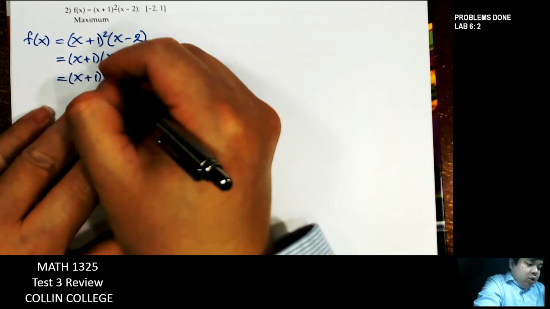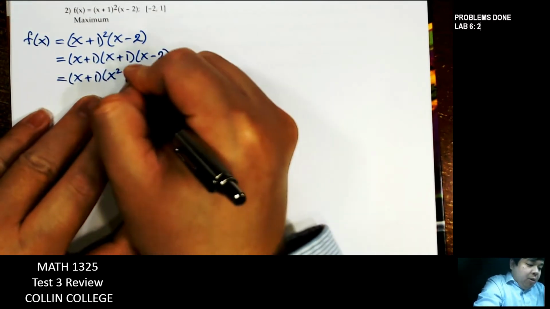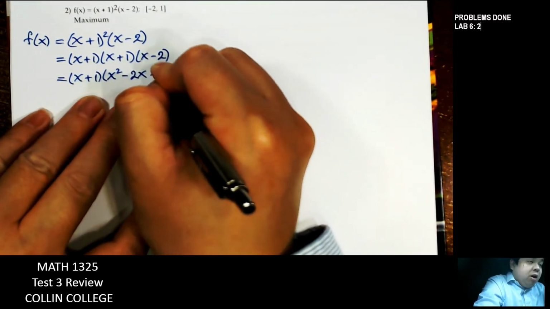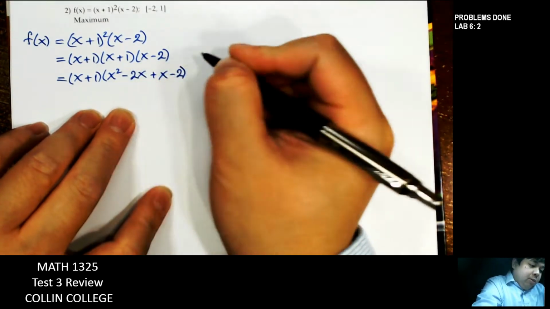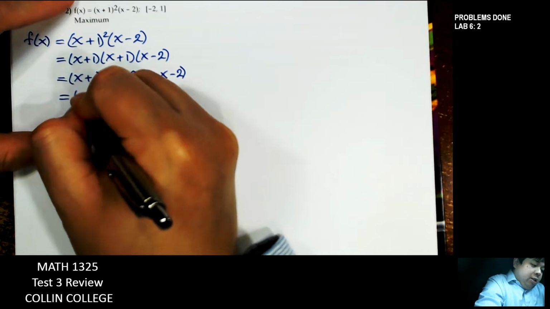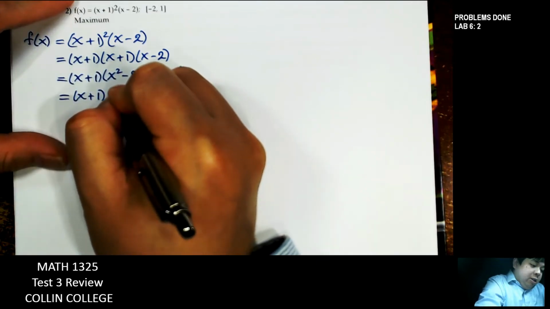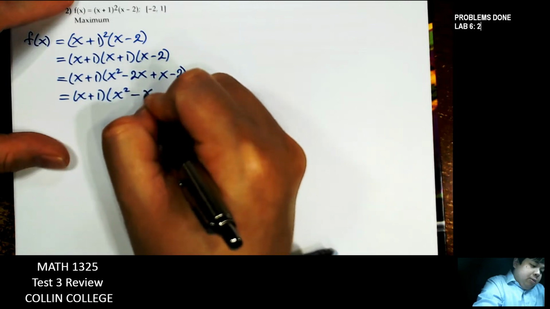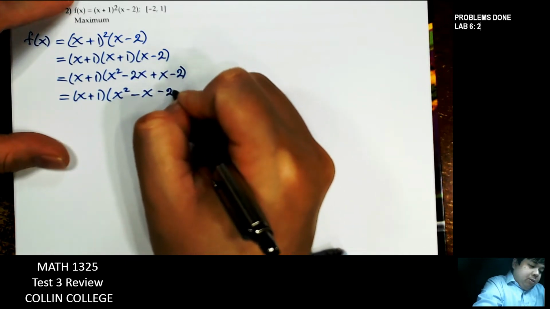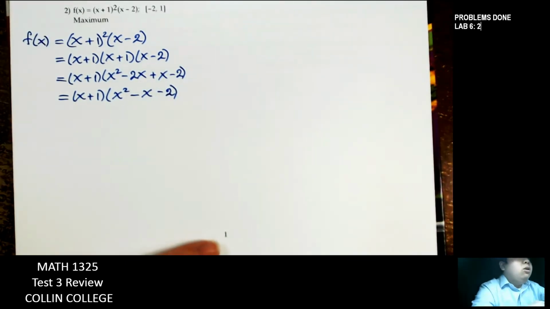It will be x squared minus 2x plus x minus 2. Alright, so we have that.